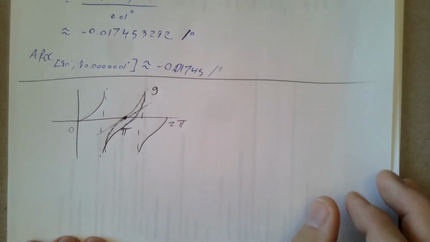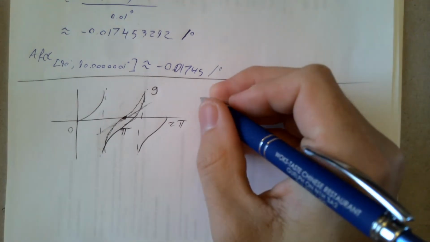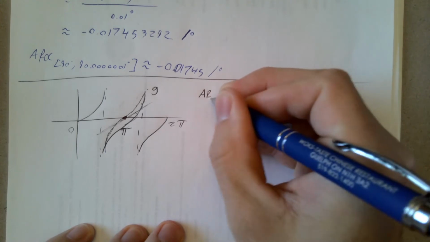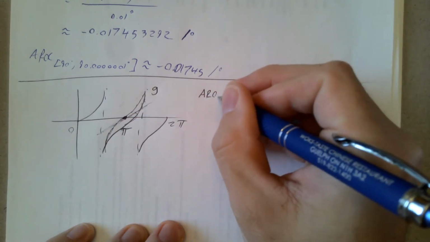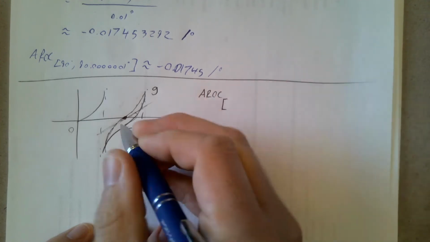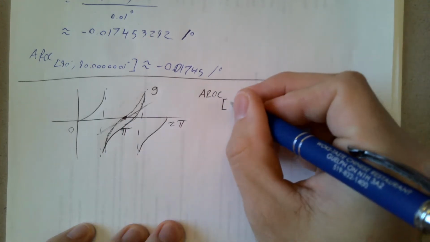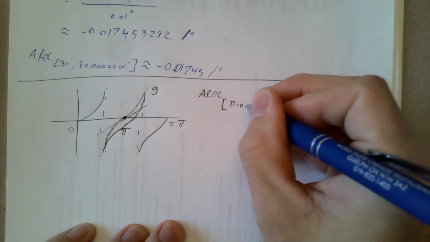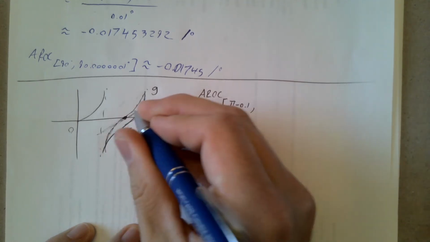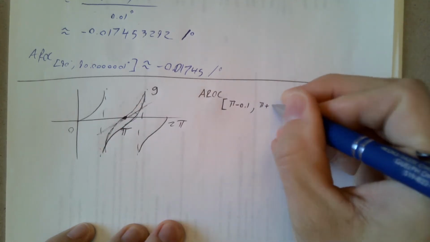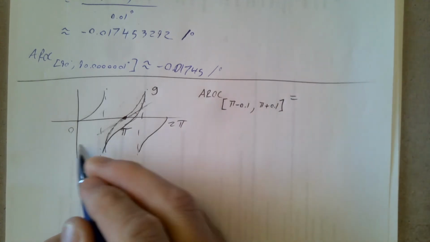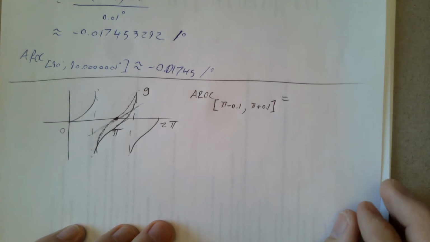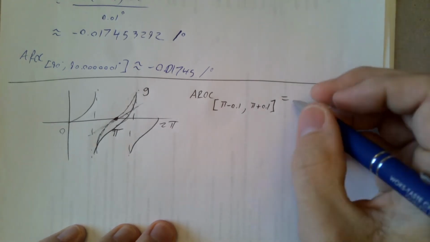Why don't we try a centered interval here as well? So we're going to lose the advantage of being able to recycle the value, but let's just see what happens. Average rate of change from, I'm going to need a number a little bit smaller than pi. Let's go pi minus 0.1, and a number a little bit bigger than pi, pi plus 0.1. So I go 1/10 to the left and 1/10 to the right, like I usually do for a centered interval.